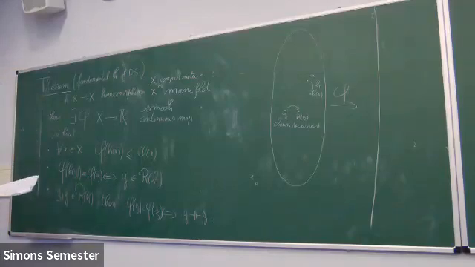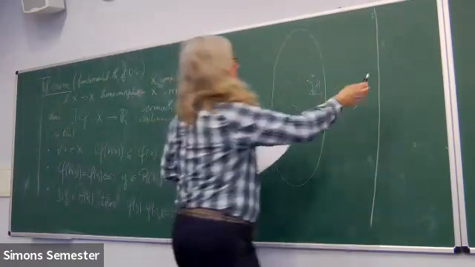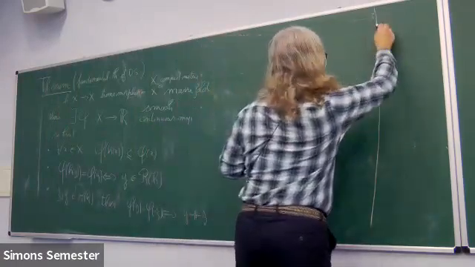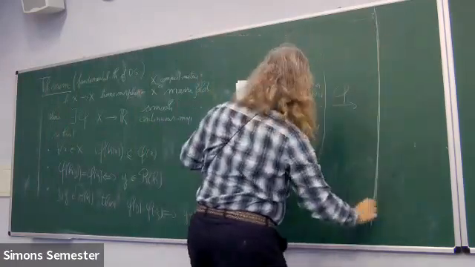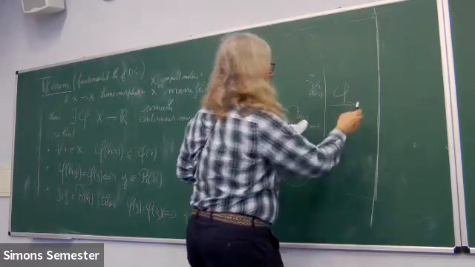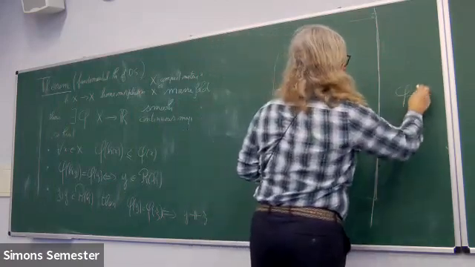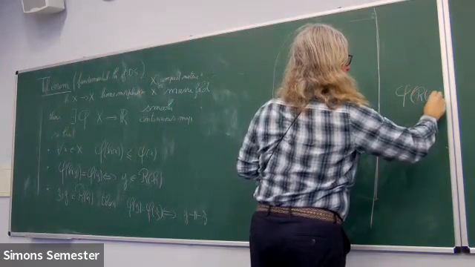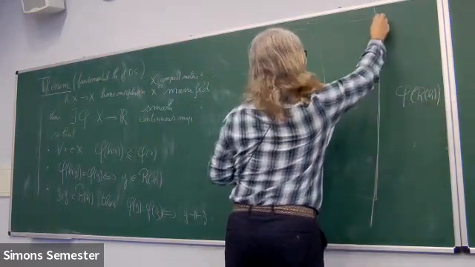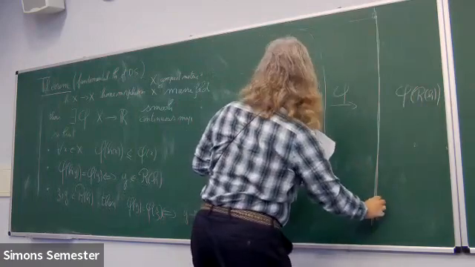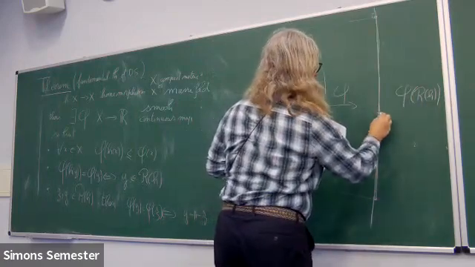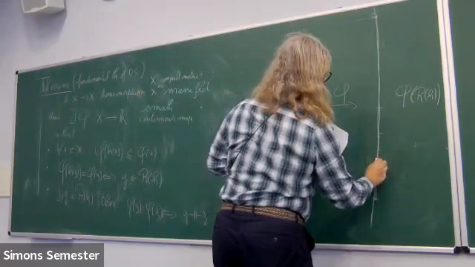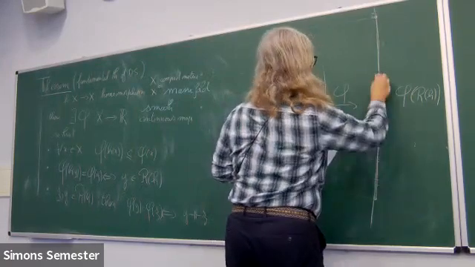And finally, if you take the image of phi, here you will get a segment. But on this segment, you can look at phi of the chain recurrent set. You will certainly have the max and the min, and something in the middle, but you don't have any intervals.